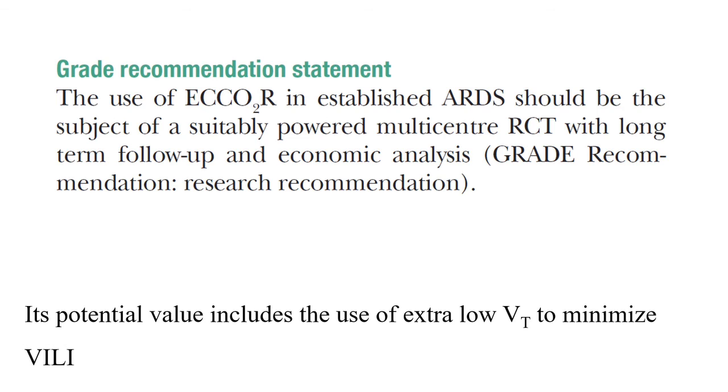The potential value of the use of extracorporeal CO2 removal is allowing the use of extra low tidal volume to minimize ventilator-induced lung injury, as the problem with the use of low tidal volume is the occurrence of respiratory acidosis, which will be abolished by the CO2 removal.